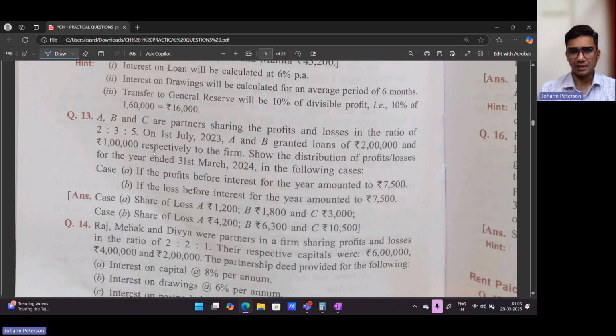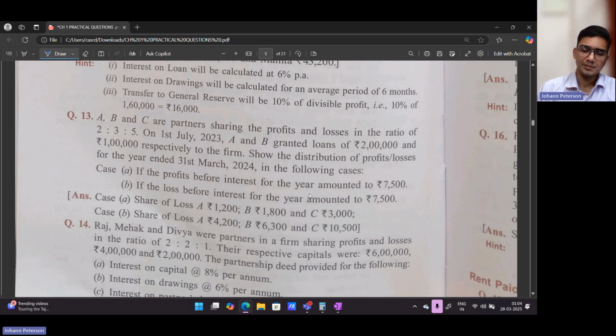On 1st July, A and B granted loans of 2 lakh and 1 lakh respectively to the firm. Show this distribution of profits and losses for the year ended 31st March 24 in the following cases. If the profits before interest for the year amounted to 7,500. Okay, so before interest is 7,500.